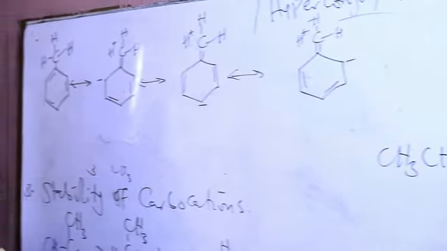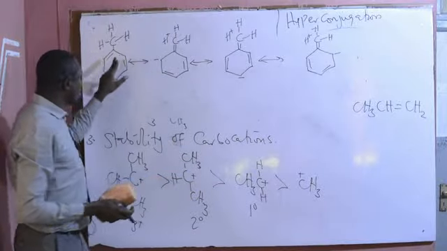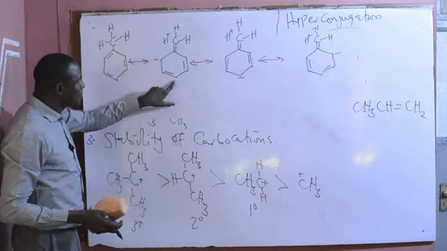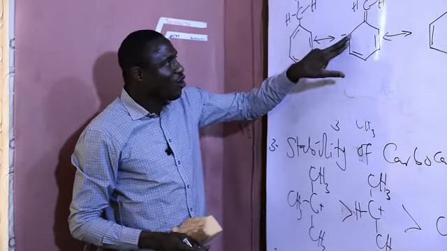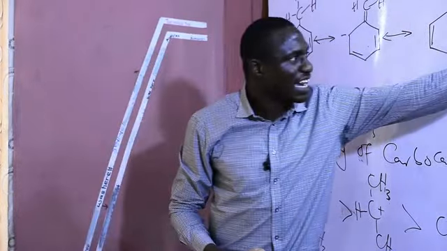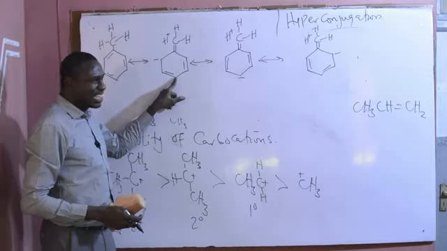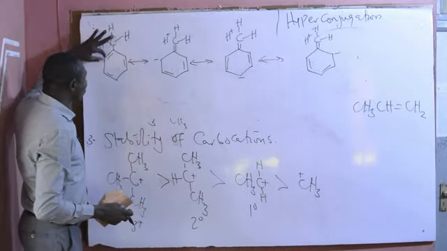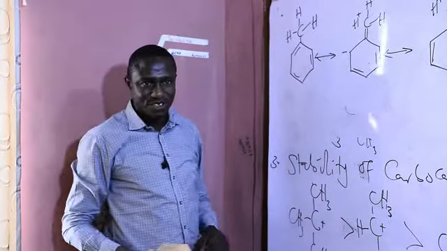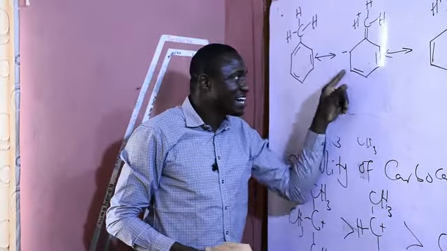So here there are 3 hyperconjugative structures of methylbenzene, and from the 3 hyperconjugative structures, you can see that there are negatively charged carbons at the ortho positions here and here, as well as the para position, indicating that the methyl group attached to the benzene ring is an ortho-para director and not a meta director.